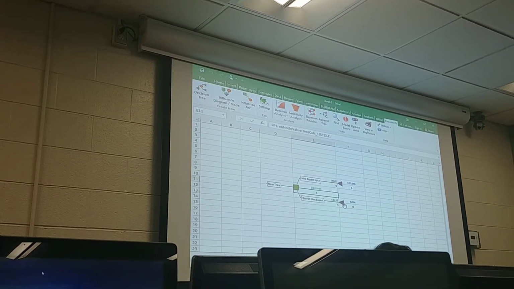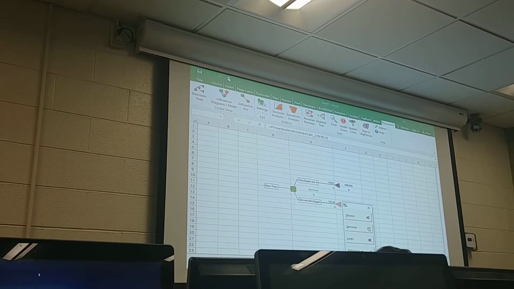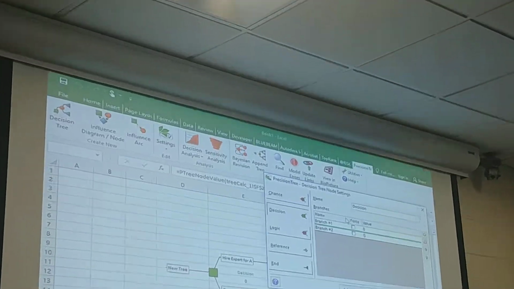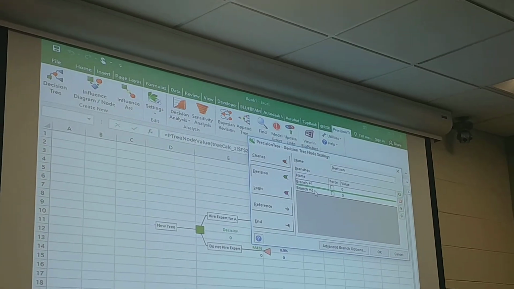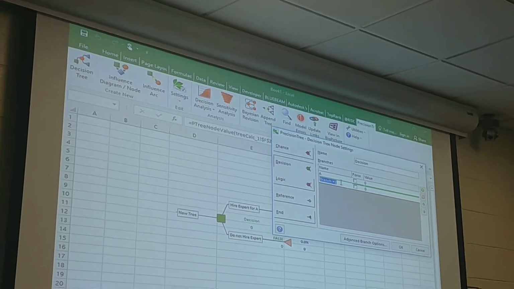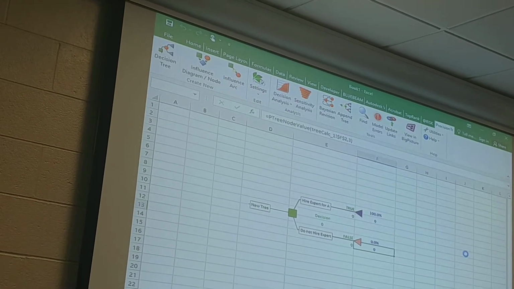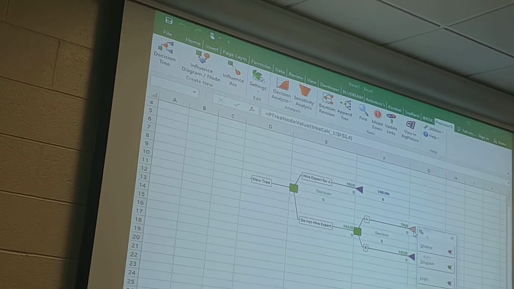If I do not hire any expert, the problem would be the same as what I already have. So initially it would be the decision between A and B. And then I put the uncertainties for each.